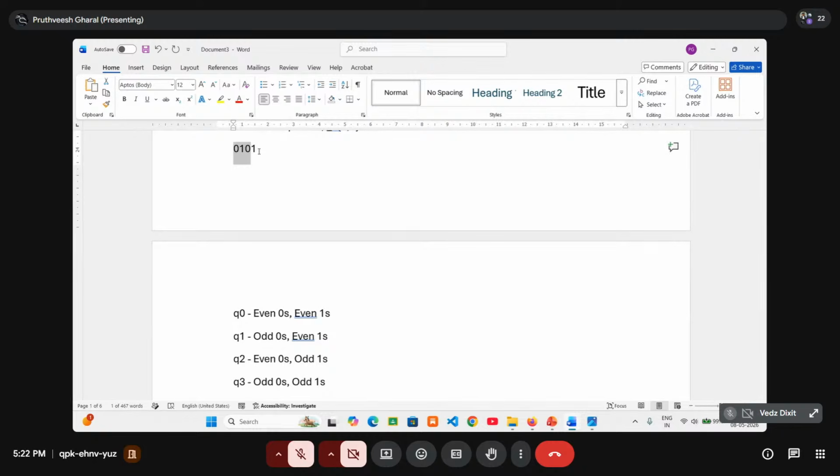Because we know that, when it receives the next input, 1, we now get the idea that there are two zeros and two ones.